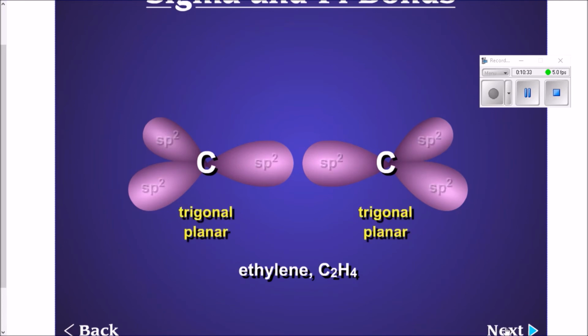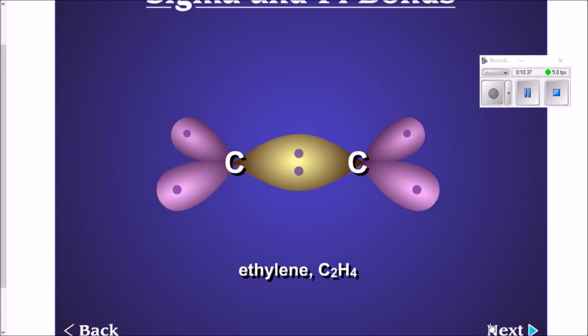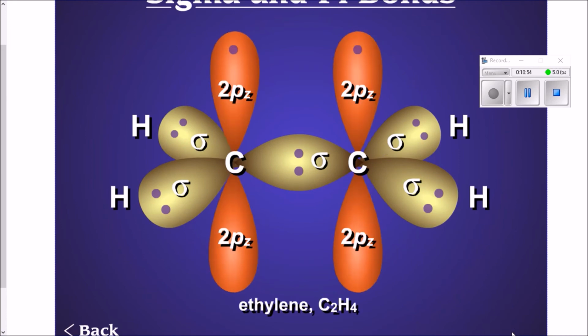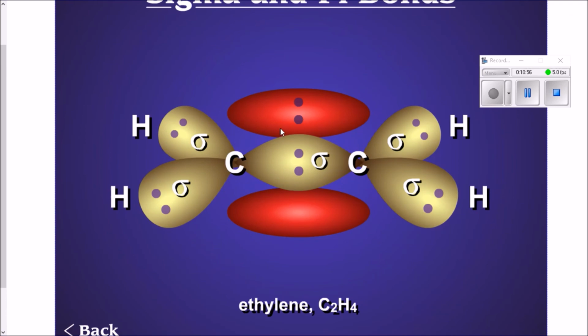The shape is trigonal planar, and what happens is they form a sigma bond, which is an end-to-end bond right there in the center. Recall that when we did the energy level diagrams for carbon, we had some leftover pz orbitals. So we have the hydrogens doing sigma bonds as well, but on each carbon atom, we have a pz orbital left over, and there's 2 lobes there on the top and the bottom.